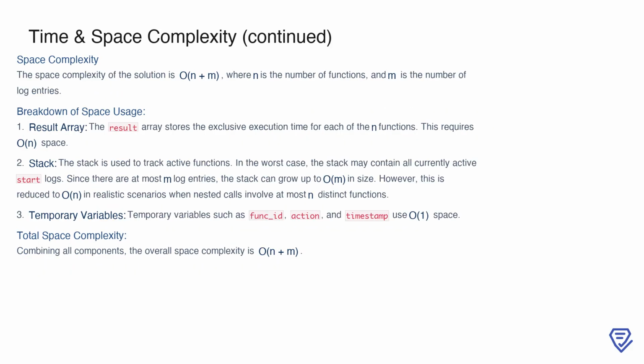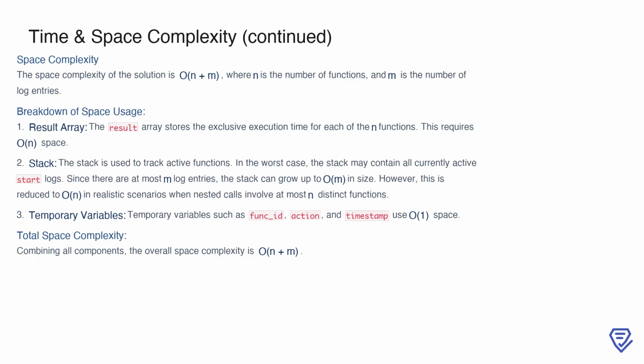The space complexity of this solution accounts for the memory used by the result array, the stack, and temporary variables. First, the result array stores the exclusive execution time for each of the n functions. This requires O(n) space. Then, we have the stack, which is used to keep track of active function calls. In the worst case, the stack might need to store all the active start logs.